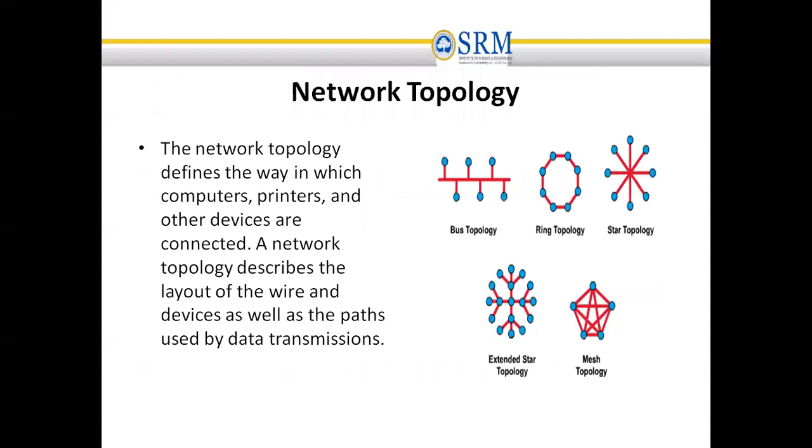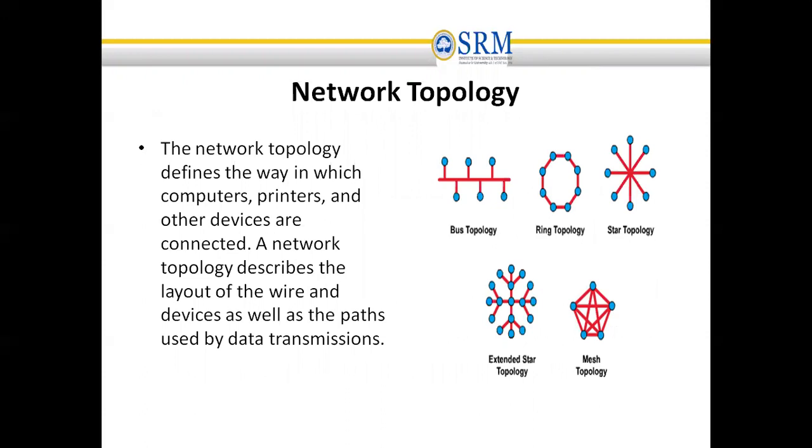Now that we have the internet, we need to understand what topologies exist among the network. Network topology generally means the way in which the devices are connected. The devices could be computers, printers, and other devices. The fashion or the layout of the devices connected is normally called a topology.